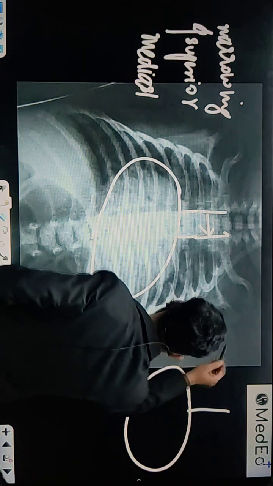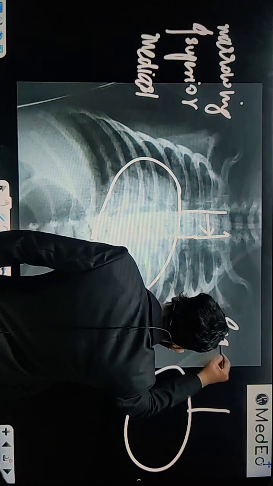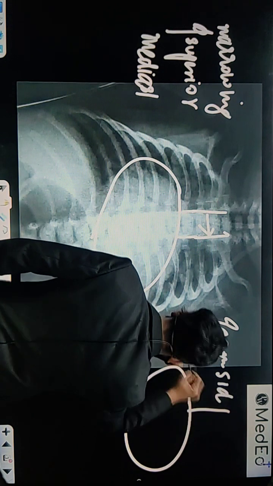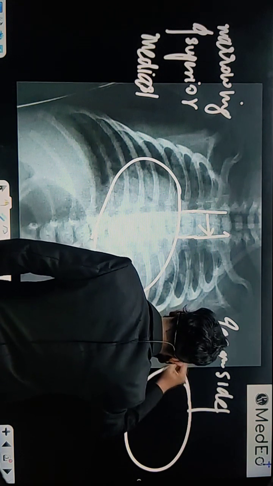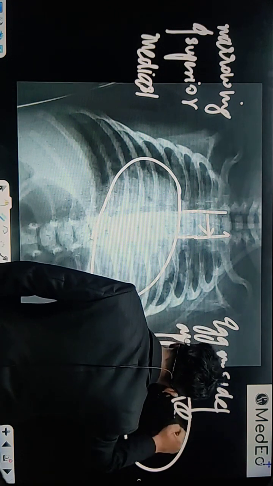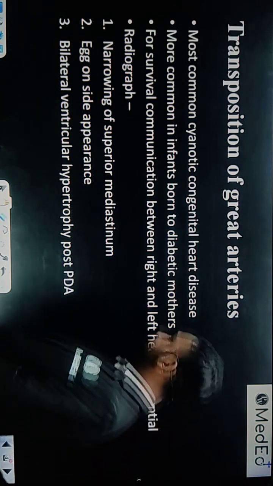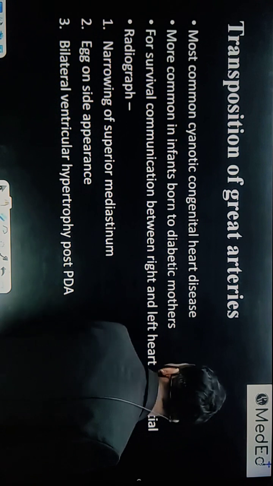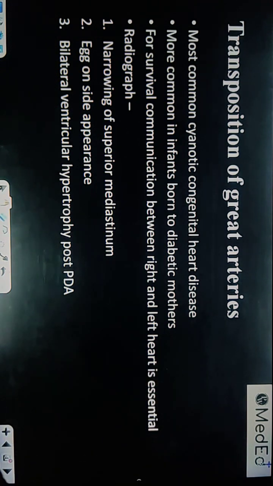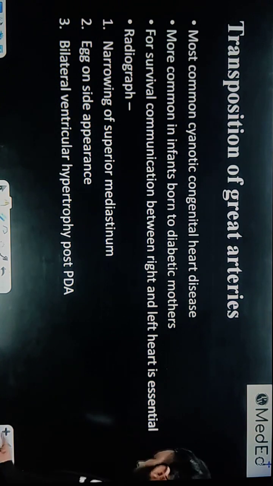So guys, this is the characteristic egg on string appearance that is seen in patients with transposition of great arteries, right? It is the most common cyanotic congenital heart disease, and it is most common in infants born to diabetic mothers.